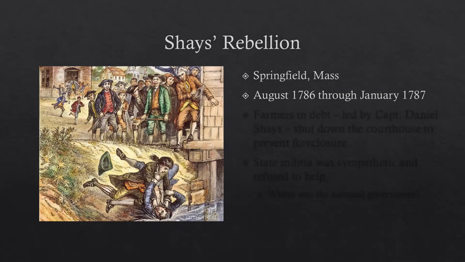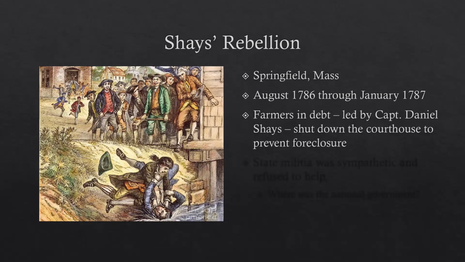So a group of them get together under the leadership of a man named Daniel Shays. He was a captain in the Revolutionary War. And he organizes a group of farmers to arm themselves and march in and sort of siege the courthouse there in Springfield, Massachusetts, to try to stop the foreclosures on the properties and prevent them from losing their homes.